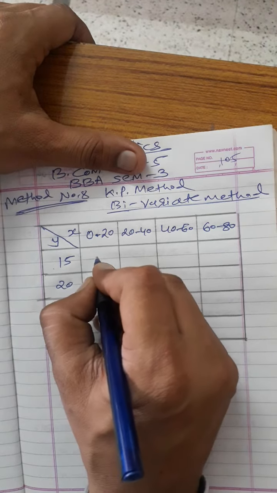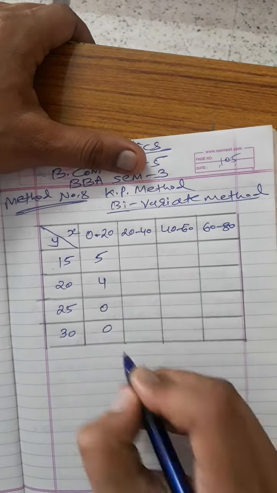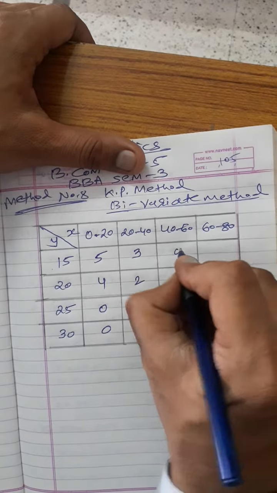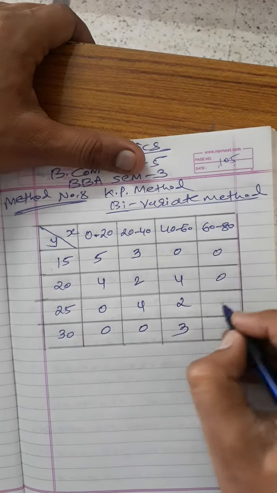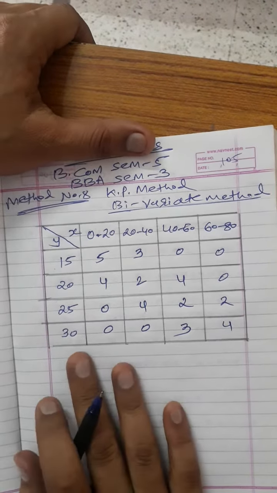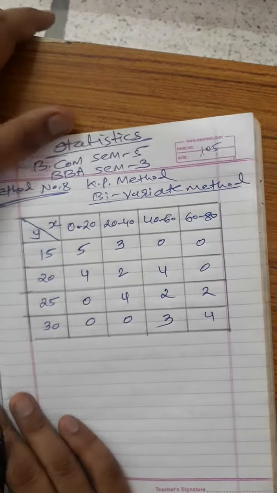The frequencies are also given: 5, 4, 0, 0, 3, 2, 4, 0, 0, 4, 2, 3, 0, 0, 2 and 4. Suppose this type of question is given, then we calculate using the bivariate method.